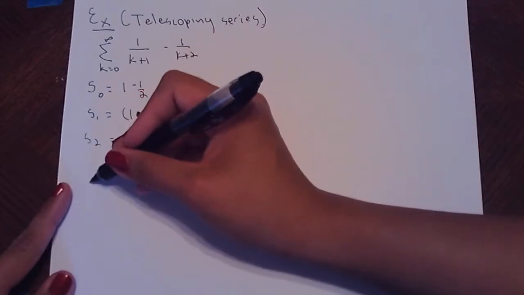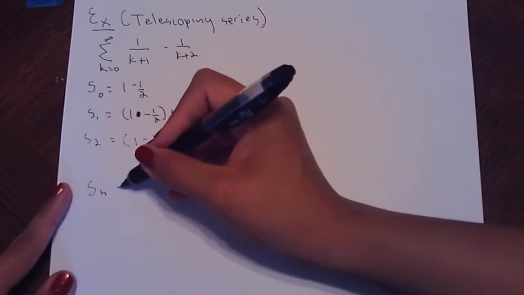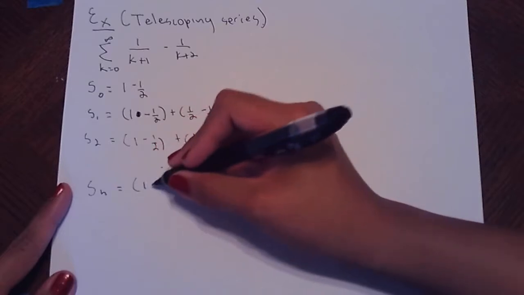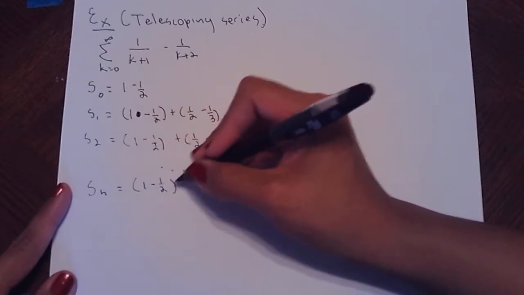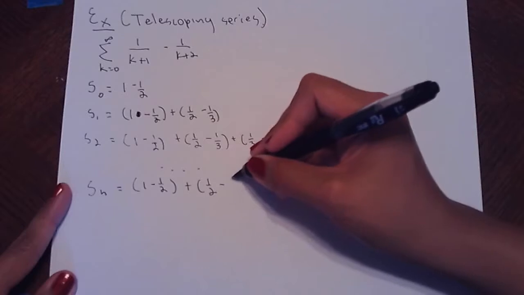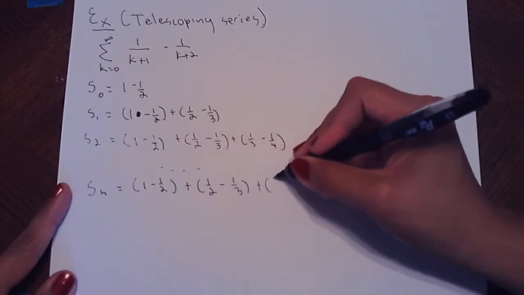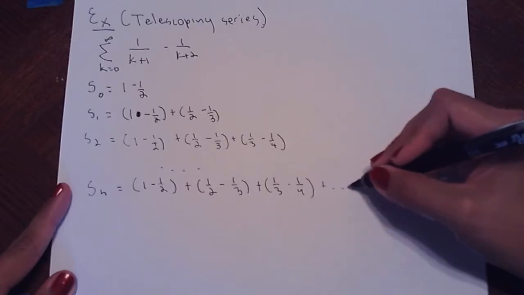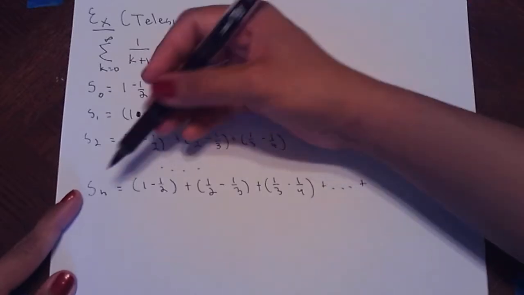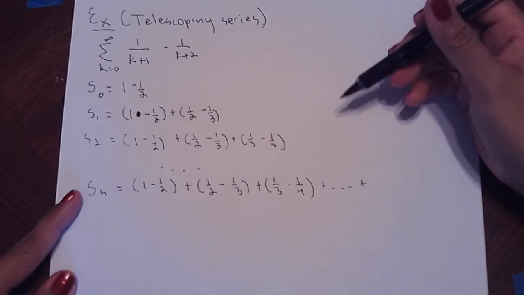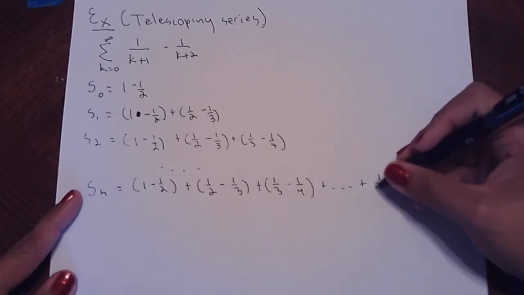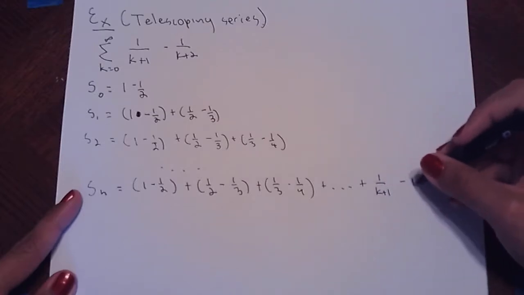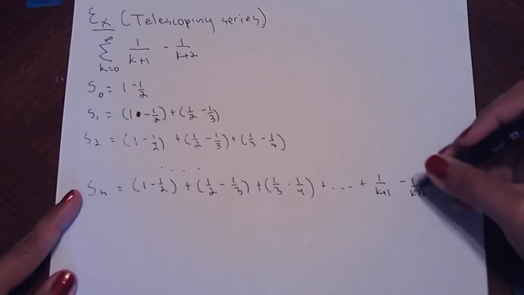Notice if I've got my nth term in my sequence, I'm still adding all of this up, but I'm going to keep going until I hit my nth term, where you plug n in up here. So it's going to be 1 over k plus 1 minus 1 over k plus 2.